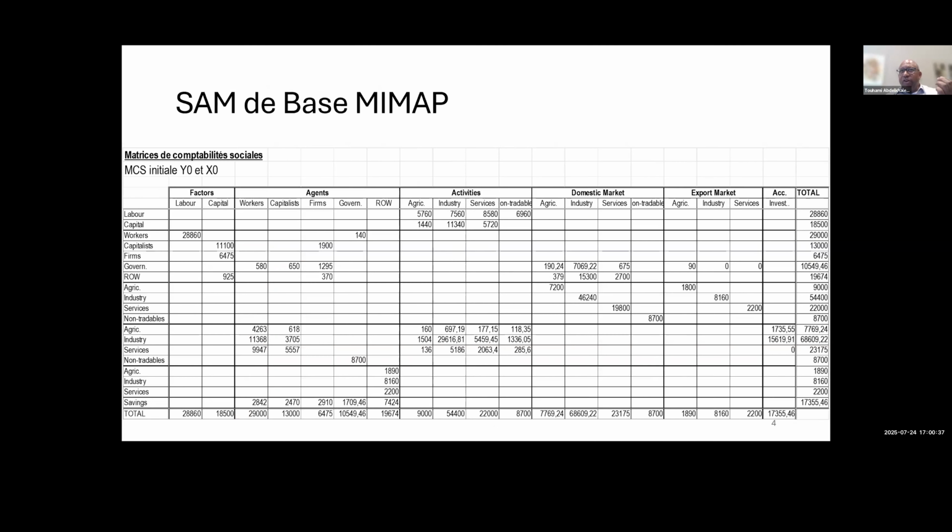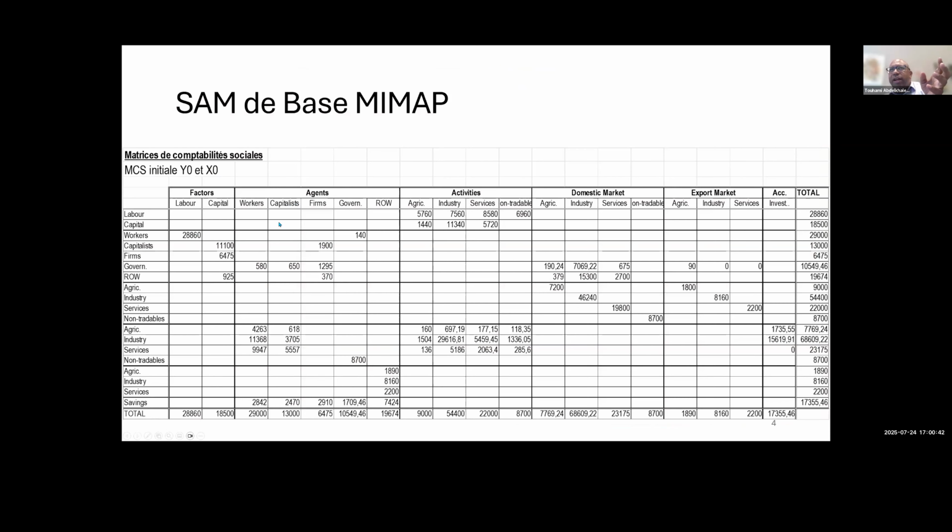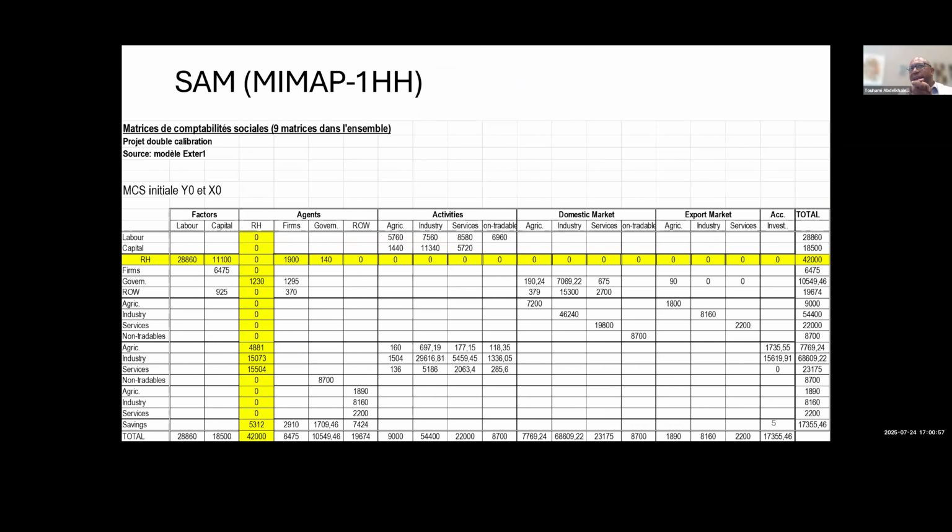What we did here is only aggregate the capitalist and worker households in the column, and we aggregate the same thing in the row. And we have an aggregate, representative household. This is the aggregate sum generally used in a CGE model, not a microsimulation model.